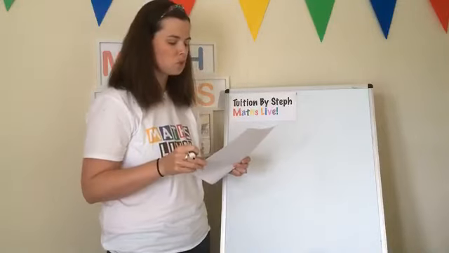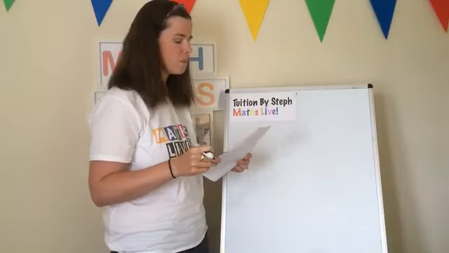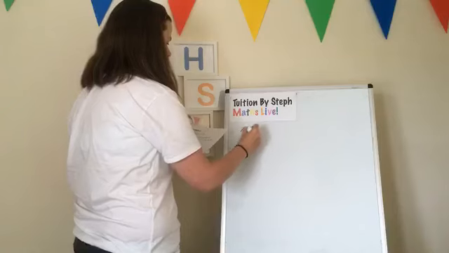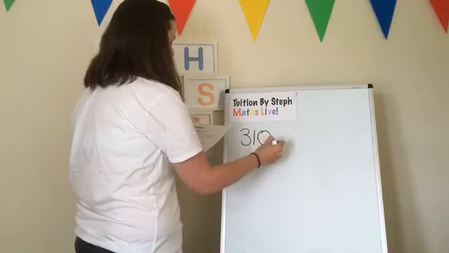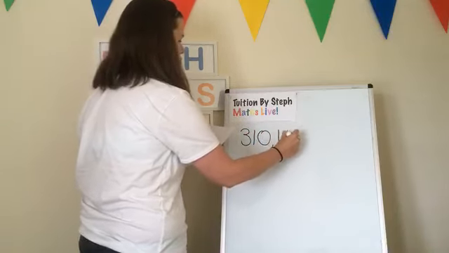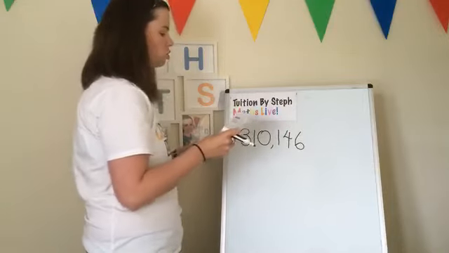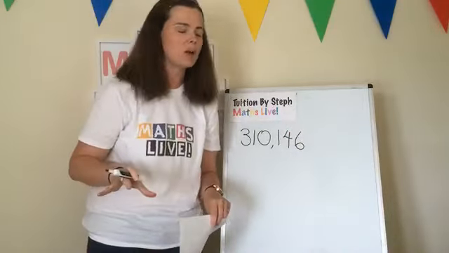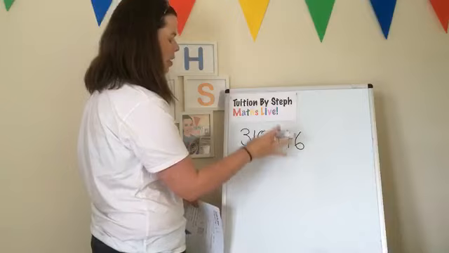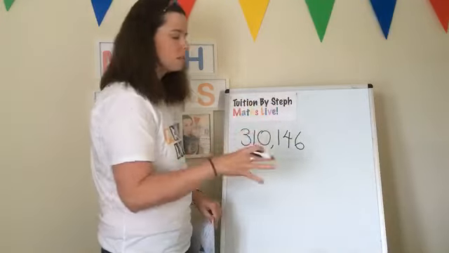So, question was, in the number 310,146, I asked you to circle the 10,000s digit. So looking at the number, there's a systematic way to do this.